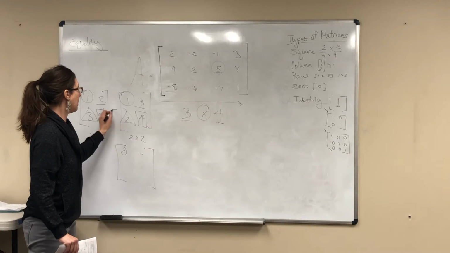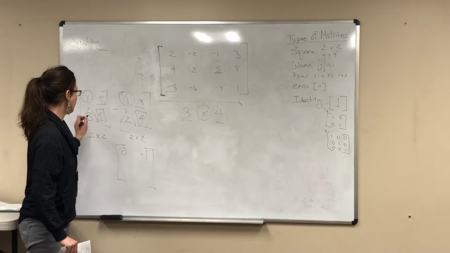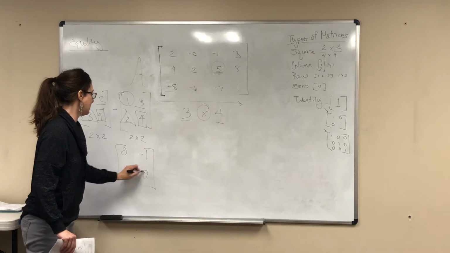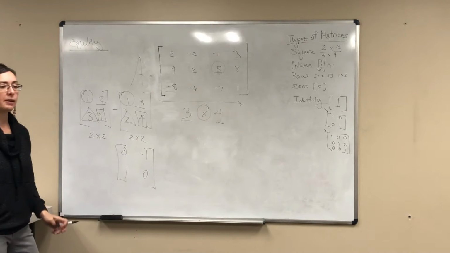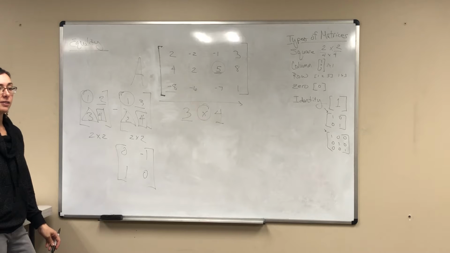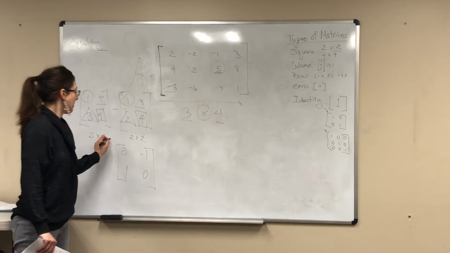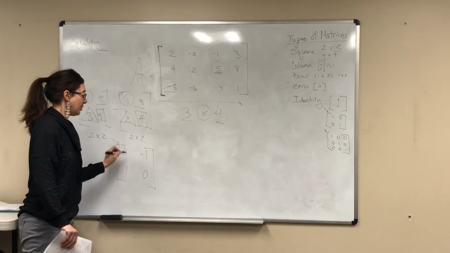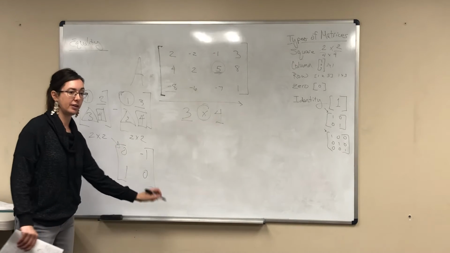Oh, wait. -1. -1, then 1. 1, and 0. 0. Okay, is this an identity matrix? No. Because it has to be 1s in the very first spot and along the diagonal.